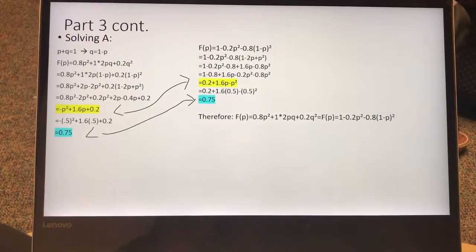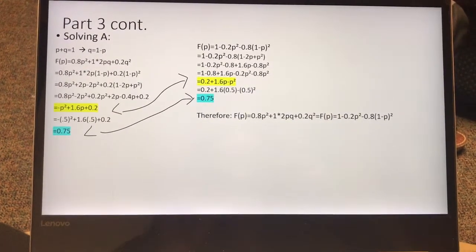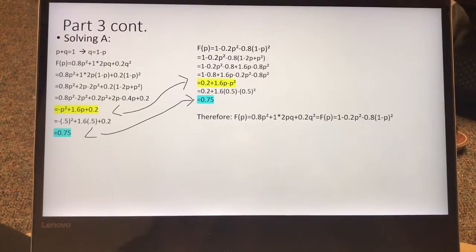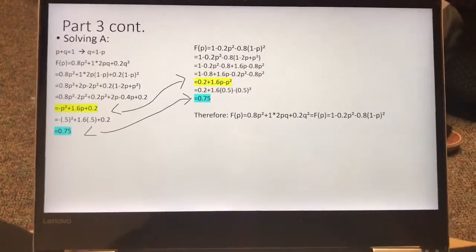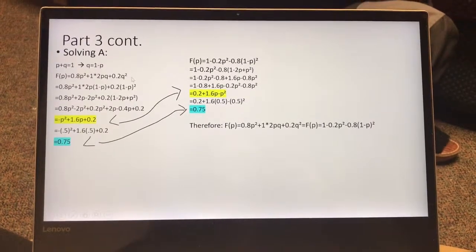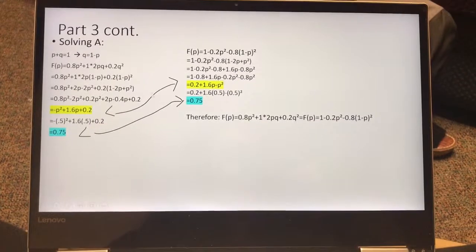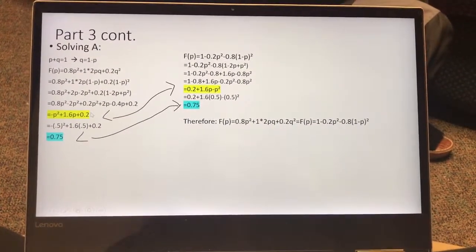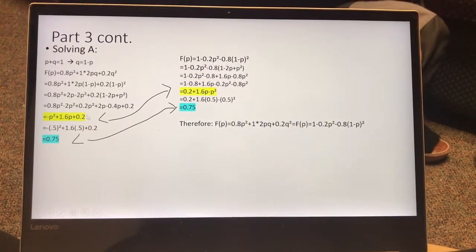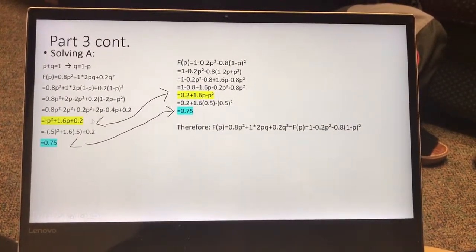So for part A of part 3, we are going to simplify the given function using q equals 1 minus p. So we're going to be plugging in 1 minus p for q, and when you skip a few lines down to the one highlighted in yellow, we have it simplified as negative p squared plus 1.6p plus 0.2.